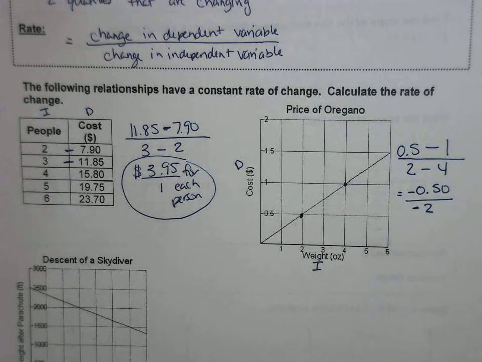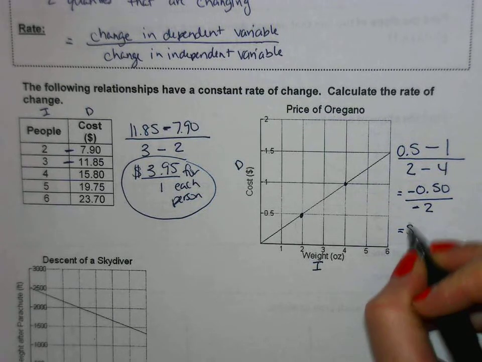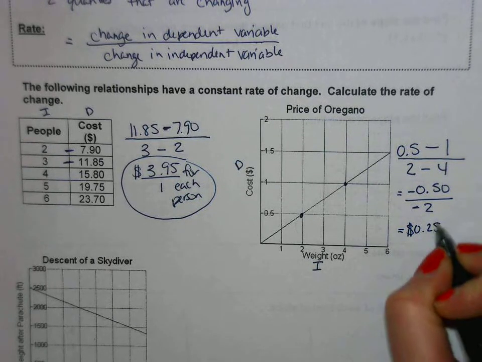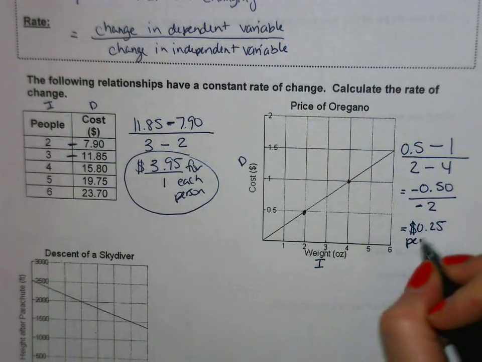So if we do negative 50 cents divided by negative 2, we're going to get 25 cents. So that means the rate of change is 25 cents per ounce.